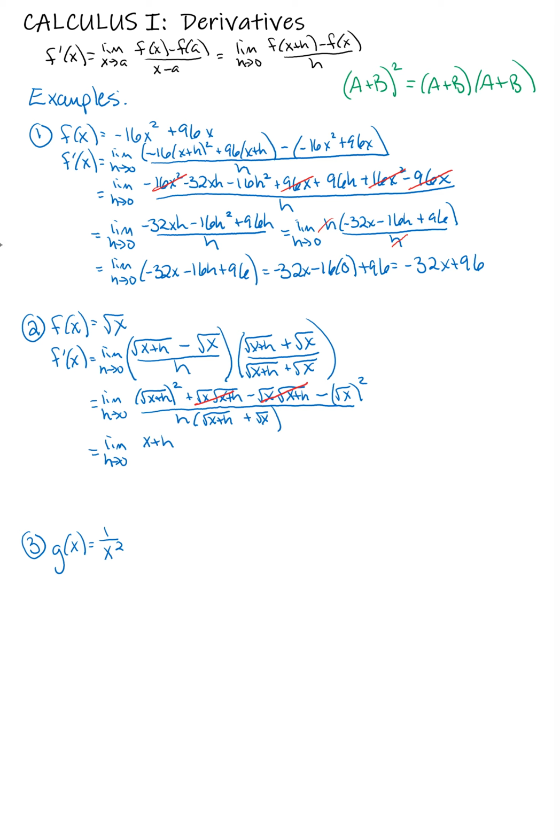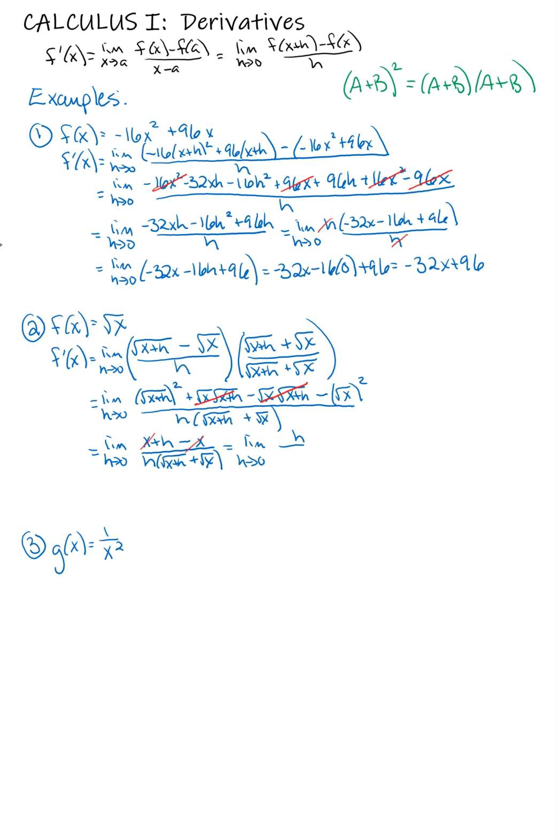Then there in the back, I have minus square root of x squared, that's just an x. Here in the denominator, again, I'm going to leave it as is. But now in the numerator, I notice those x's, positive x and negative x, those will combine to give us 0.